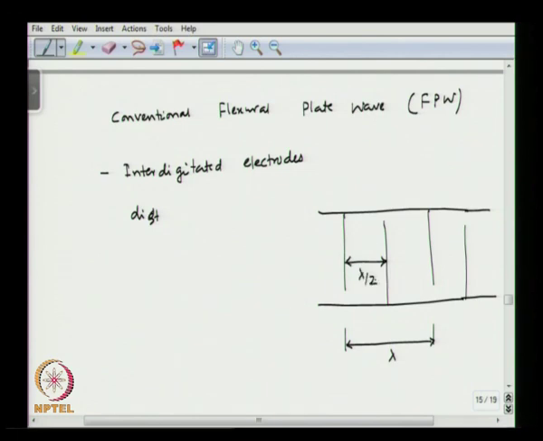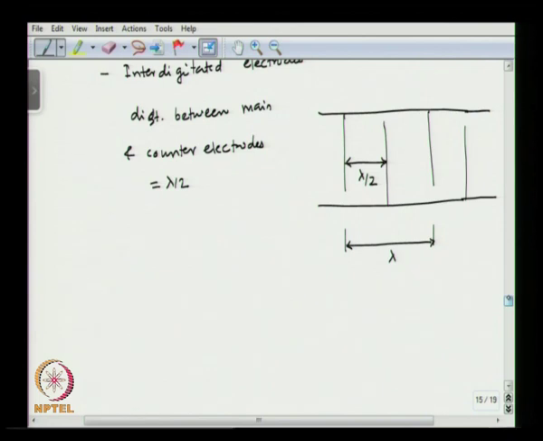If the distance between the main and counter electrodes is lambda by 2, then there would be a phase shift of 180 degrees of the waves generated by these two electrode pairs.